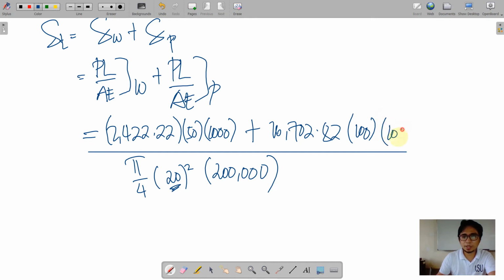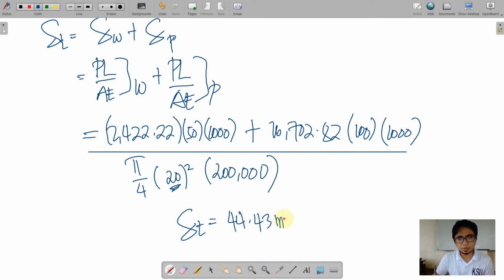So we multiply that again by 1000. So we come up with the total stretch. We have 44.43 millimeters. This will be the total stretch of the bar suspended from the ceiling.